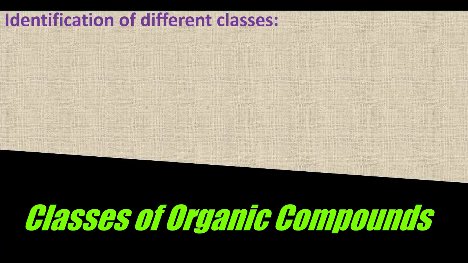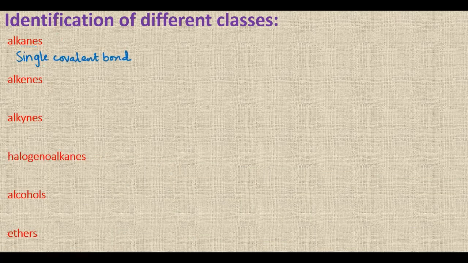In the next section, we are going to talk about different classes of organic compounds. First of all, the alkanes. As already discussed, "ane" means all single covalent bonds are present. As mentioned earlier, they have a general formula of CnH2n+2.